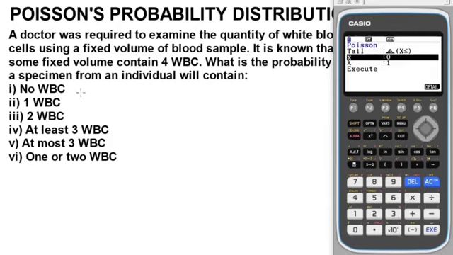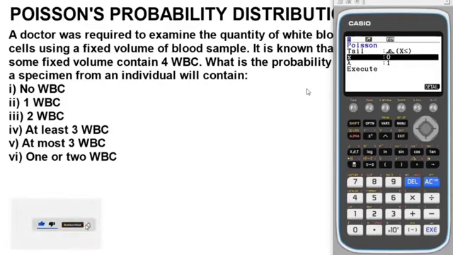Whereas our lambda will be the 4 white blood cells here in the question. This fixed volume contains 4 white blood cells, so that will be our lambda. Okay, having done this, let's go ahead and begin to solve the problem.